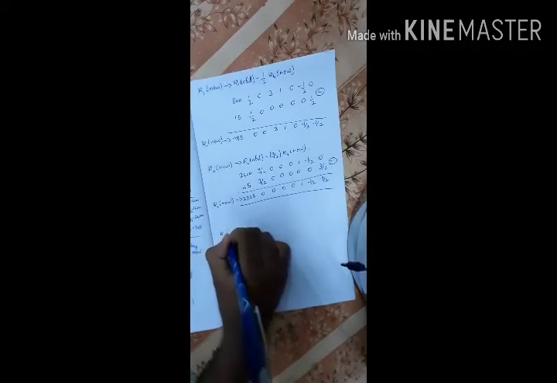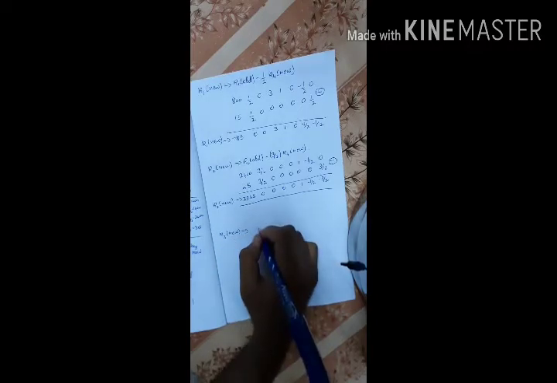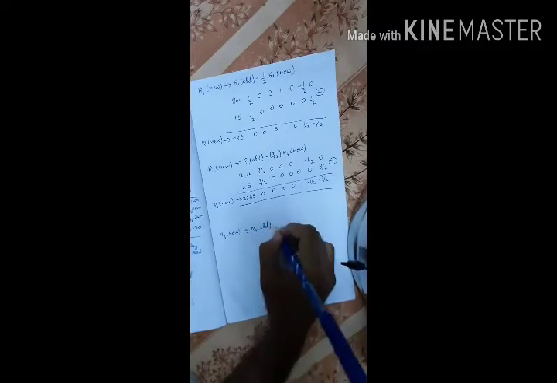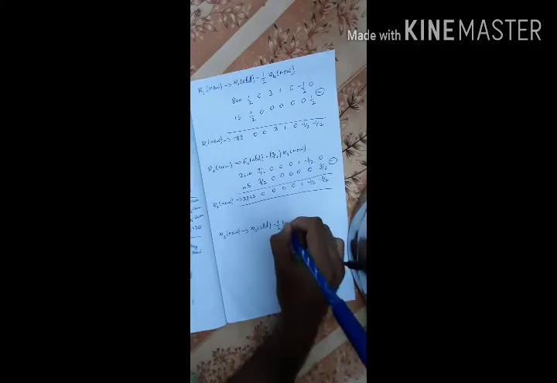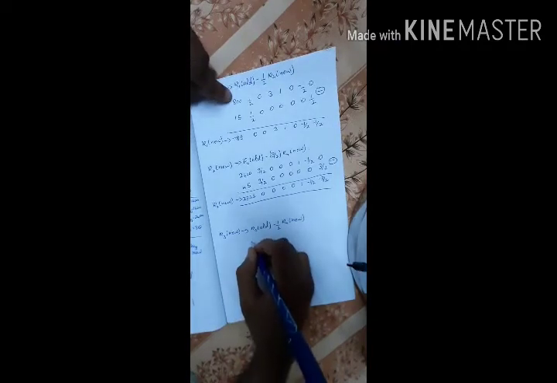Next we calculate the value of R3 new, which is equal to R3 old minus 1 by 2 R4. So what is the R3 old value?